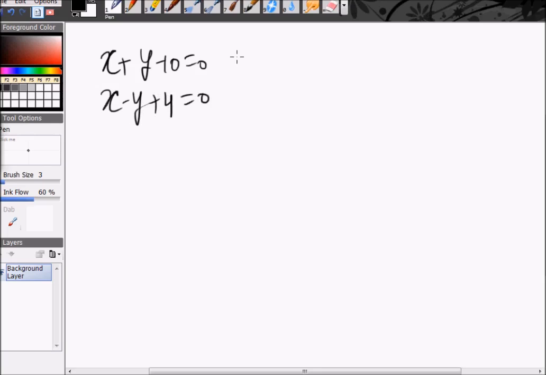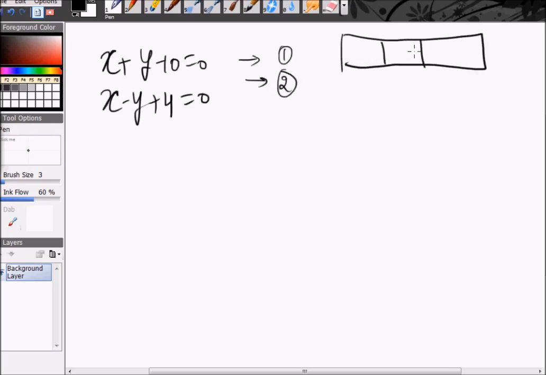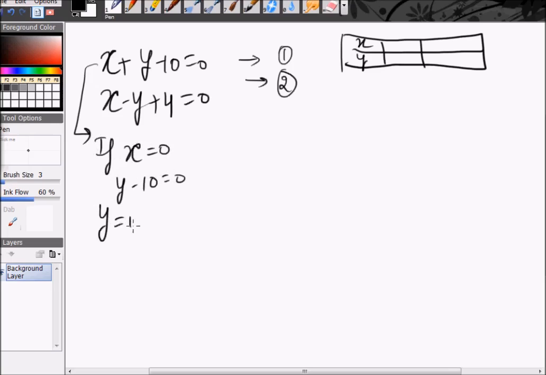Friends, the first step says plot the given pair graphically, for which we have to find out a set of values for different values of x and y. For the first equation, if x equal to 0, we have y minus 10 equal to 0 or y equals 10. Whereas if y equal to 0, we have x minus 10 equal to 0 or x equal to 10.